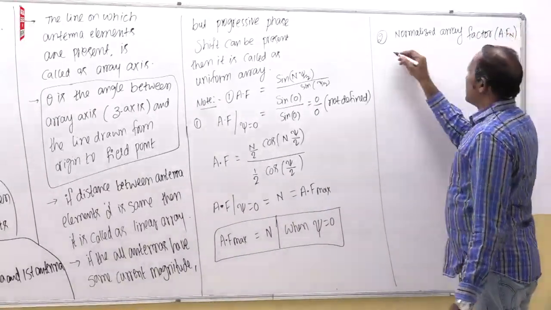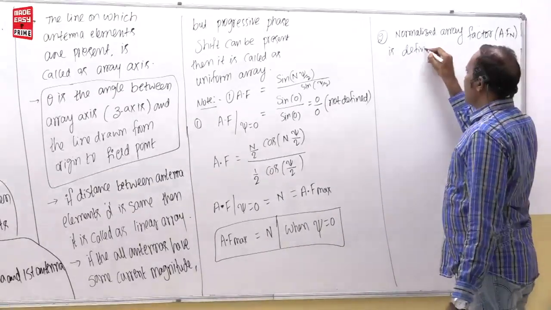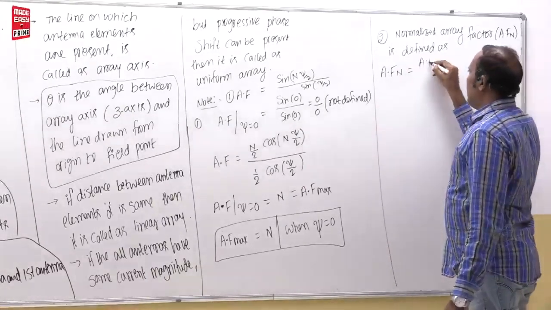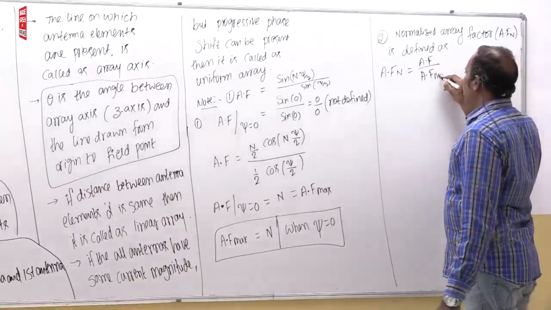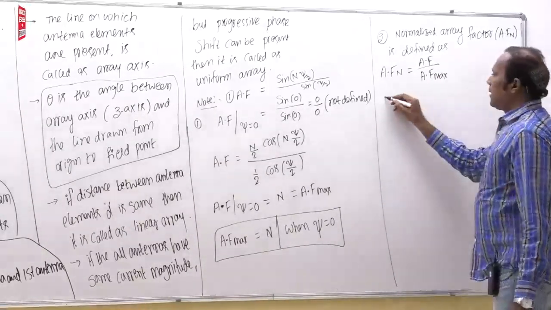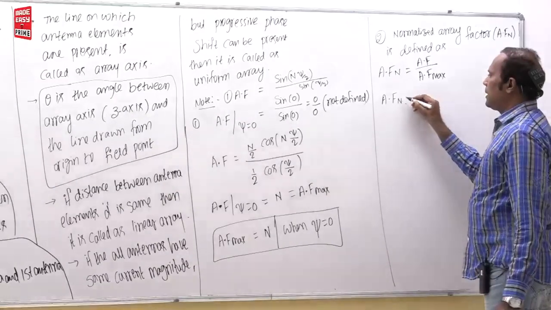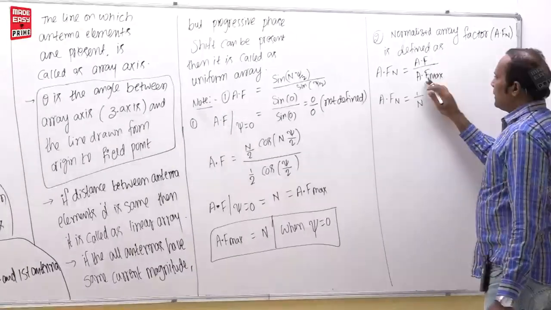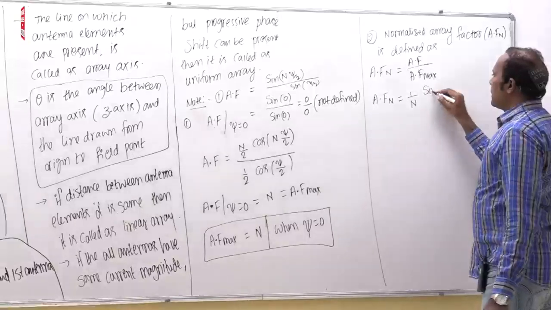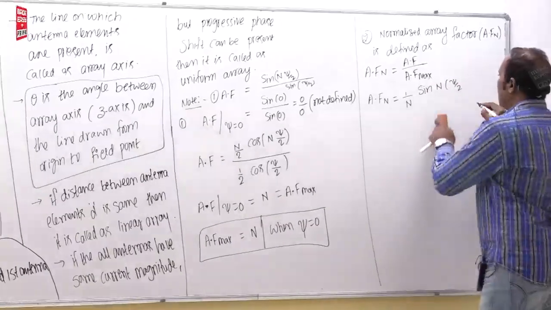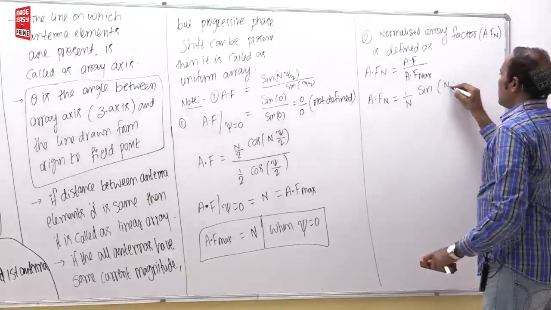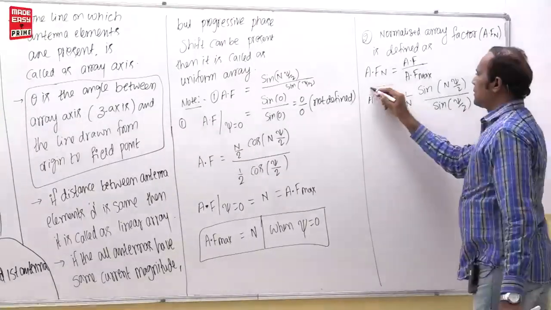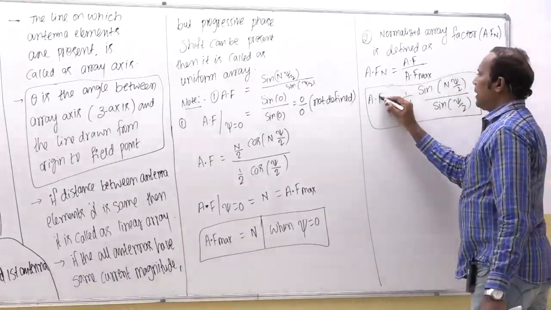AFN is defined as array factor divided by array factor maximum. So the normalized array factor is this array factor times 1 by n, where n is the maximum value. Then array factor normalized is 1 by n times sin n psi by 2 divided by sin psi by 2. So this is the normalized array factor value.